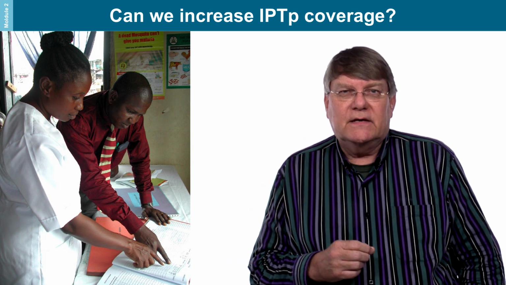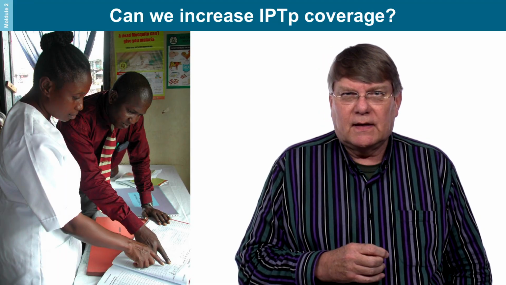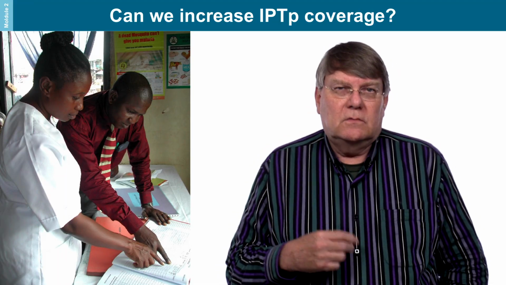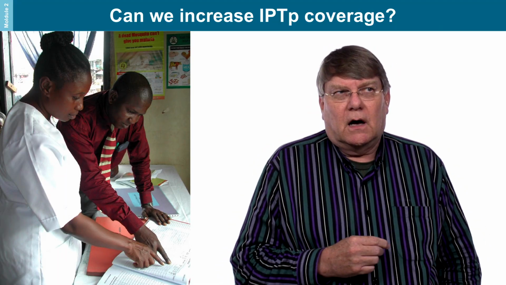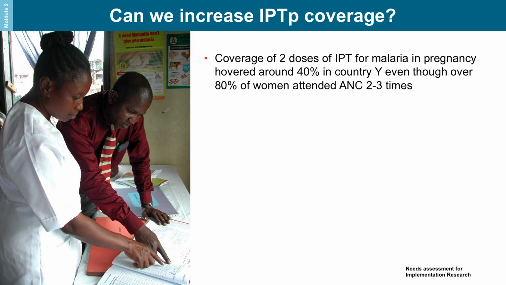We've talked about the issue of intermittent preventive treatment for pregnant women and the fact that the new WHO guidance encourages women to get more than 2 doses of IPT. Now, hopefully they can get at least 3, maybe 4 at every antenatal visit.